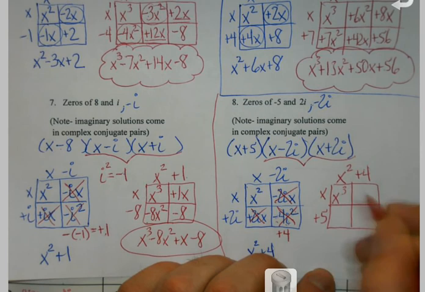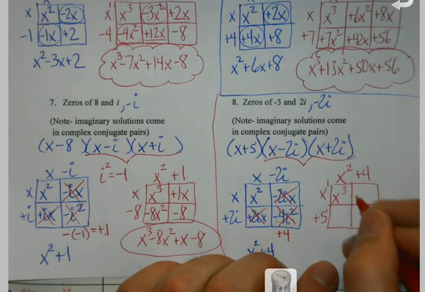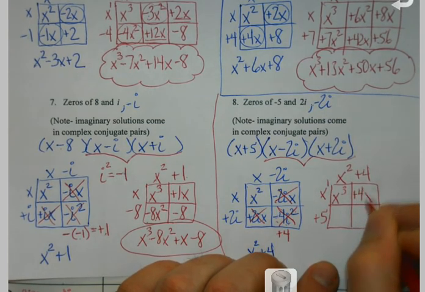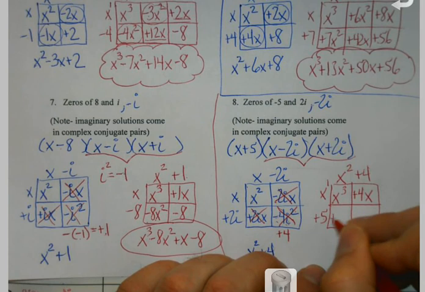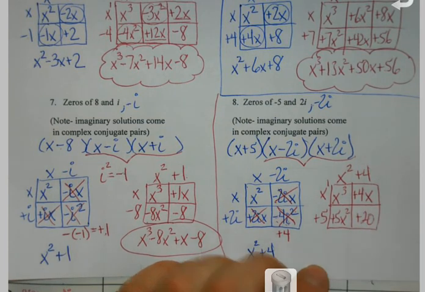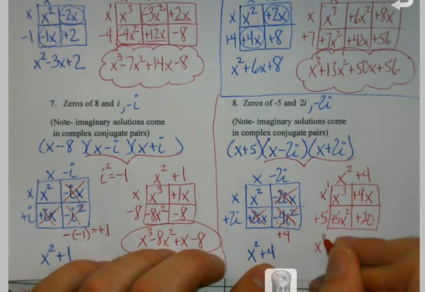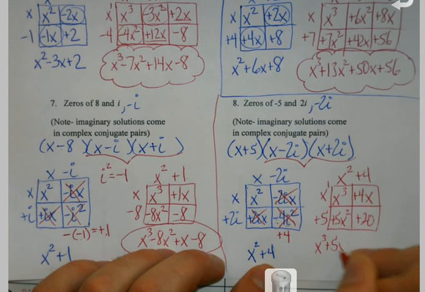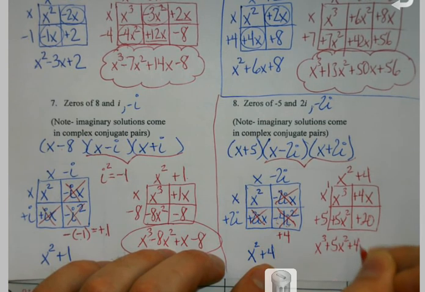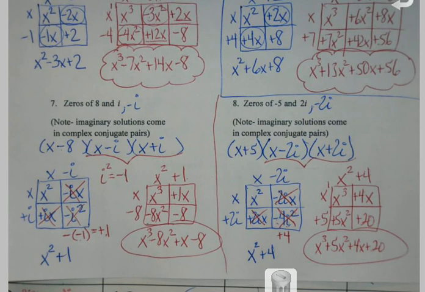If there are multiple terms with exponents, we just add them up. And just like the last time, we don't have any like terms, so we just start with the largest degree and work our way down. And that would be my polynomial on this one.